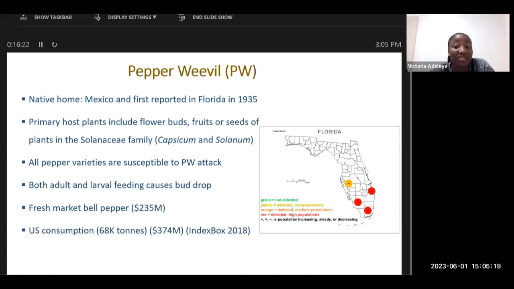And the United States is one of the countries with the highest consumption volumes of pepper in 2018 after Vietnam and India, with a market value of $374 million, while the global average yield per hectare was 101.3 ton in 2018.